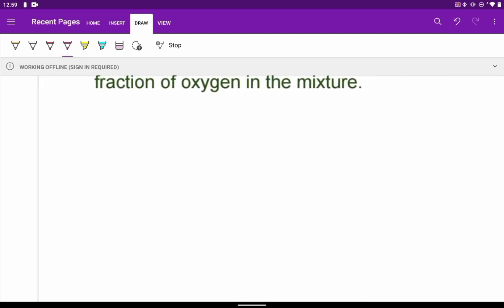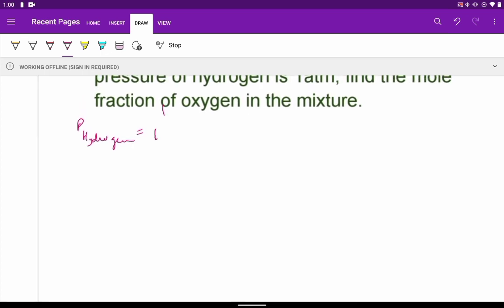From the equation for hydrogen, partial pressure of hydrogen is given as 1 atmosphere. And P total is 1.5. So then for P oxygen will be how much? We have to subtract 1.5 minus 1. That is 0.5.